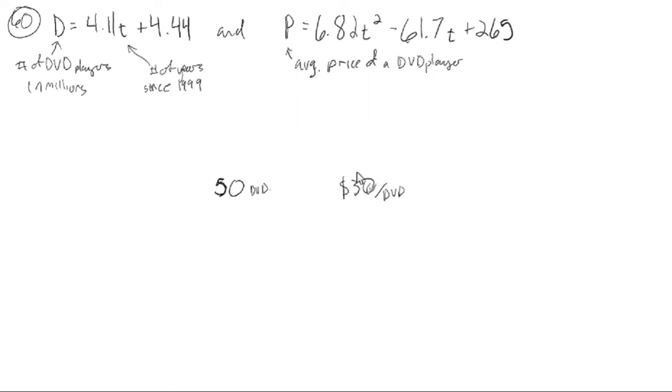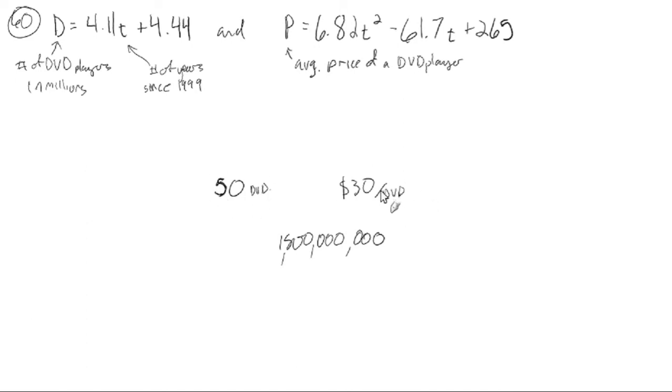So if you take 50 times 30, then we'll have 1,500. Except this is in millions, so this is 1,500 million. So that comes out to be 1,500,000,000.